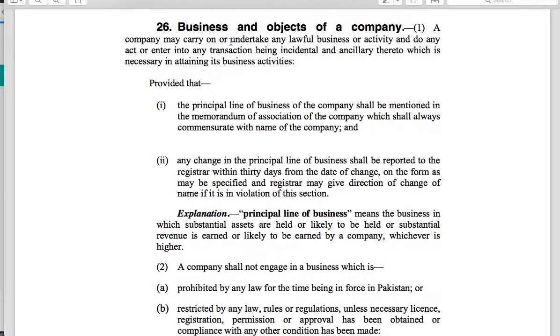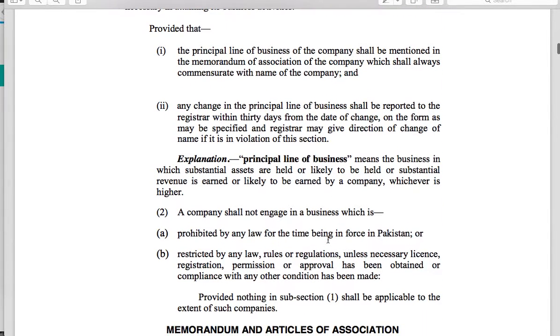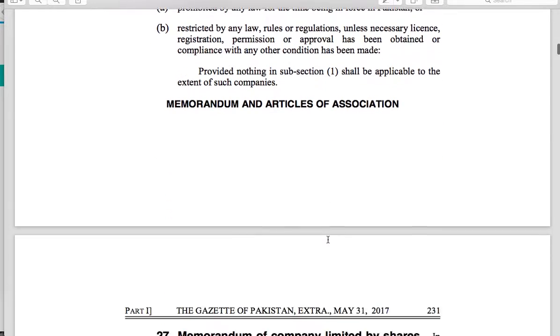You should only carry on lawful business activities, and what is lawful and unlawful, your attorney, your advocate will tell you. Some businesses in Pakistan are not lawful.